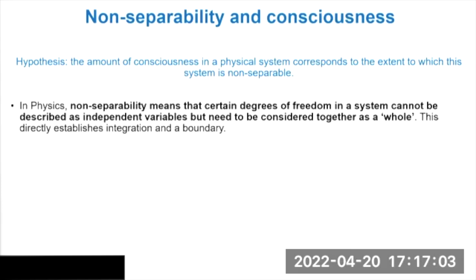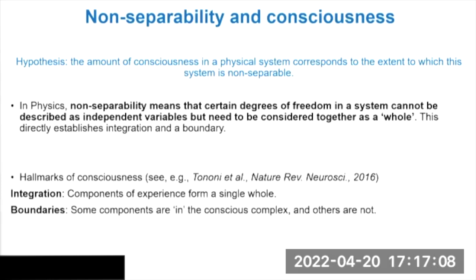But why I find this an attractive concept to consider consciousness is because that directly, automatically establishes integration and boundaries. So when we think about consciousness, for example, in this paper listed here, Giulio Tononi and colleagues described very nicely some axioms that one might follow if one wants to define what consciousness is and what kind of properties a theory should address if it addresses consciousness.